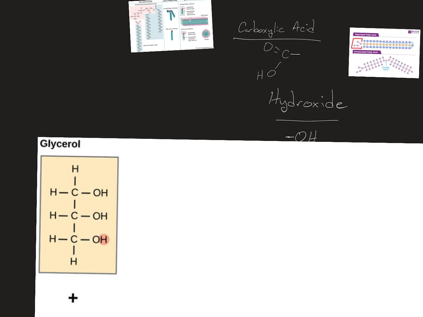All alcohols end in OL, like ethanol, isopropanol. They all end with this group of letters, OL. This is glycerol. It's a type of alcohol.